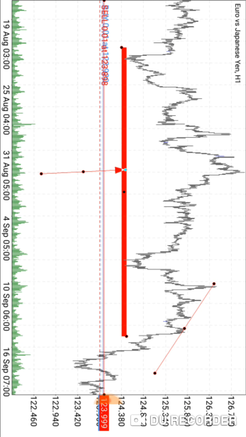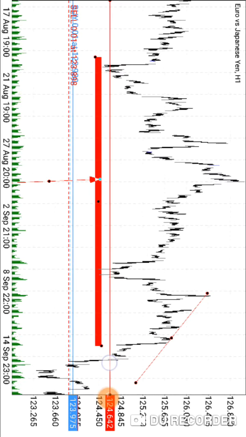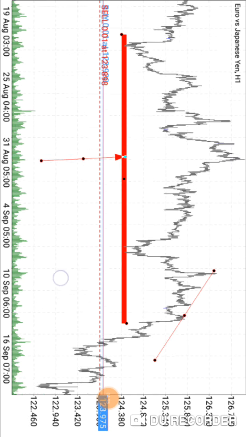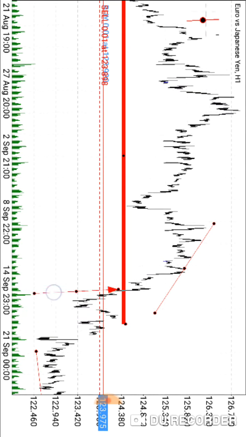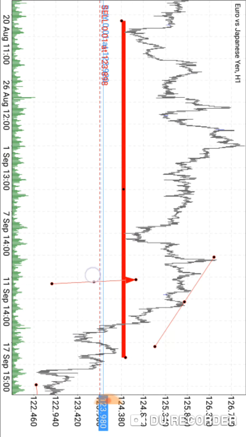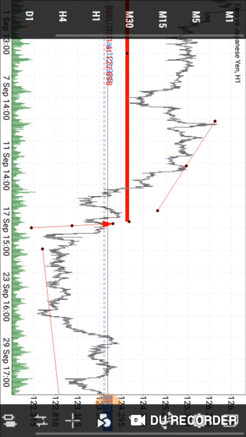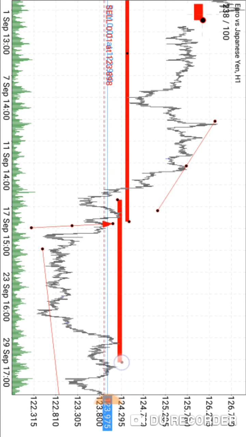So this is a support level, and the market is reacting to it. When the market breaks out of this level, it retests back, then the trend begins to go. When it retests back, this particular area immediately becomes a new resistance level.